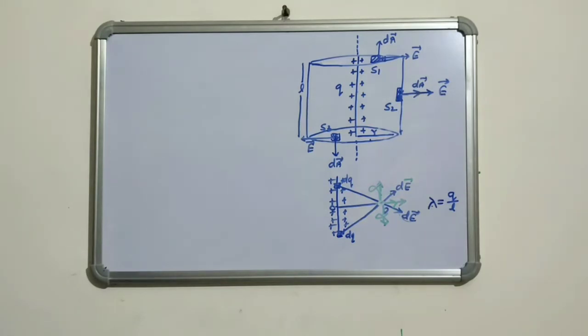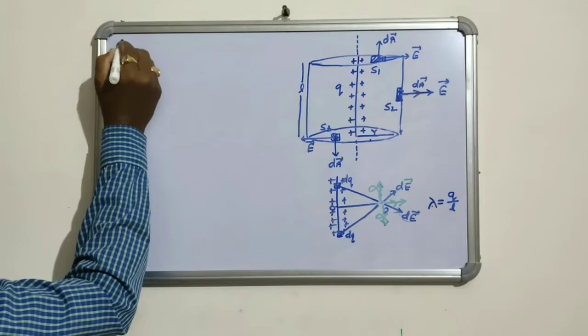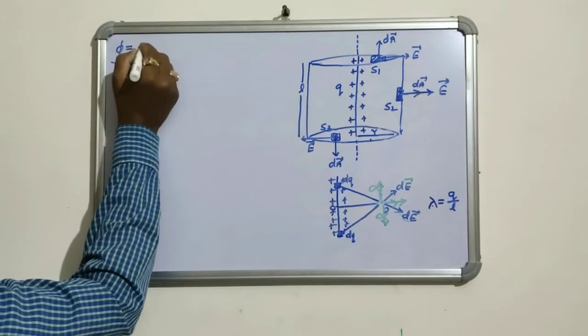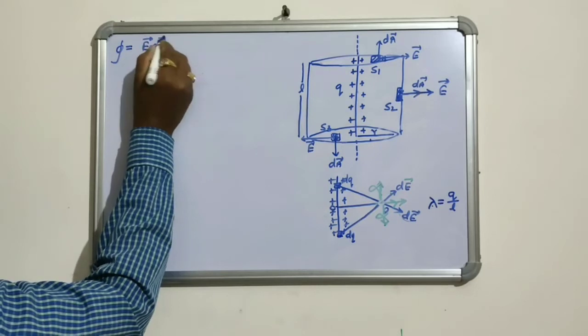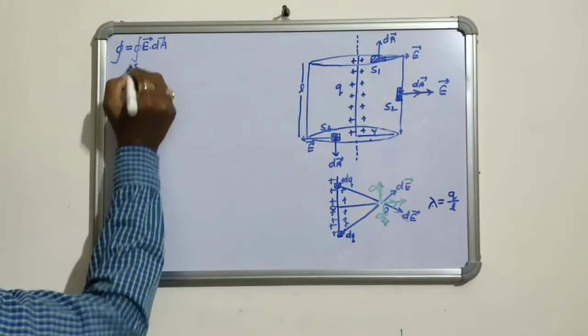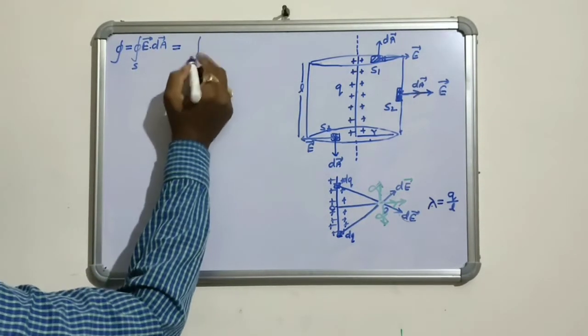Now we can find the electric field. According to mathematical flux, flux phi equals to integral of E dot dA for the closed surface, and this closed surface is divided into three surfaces.